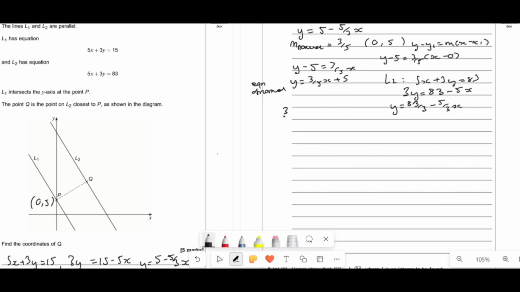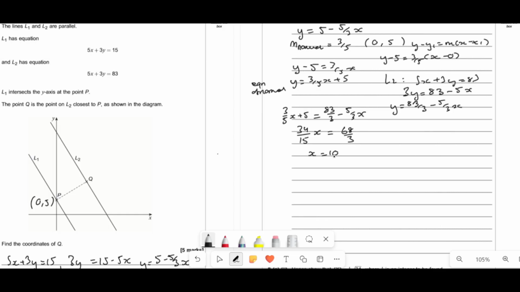So 3 over 5 x plus 5 equals 83 over 3 minus 5 over 3 x. If I now tidy this up, 3/5 plus 5 over 3 is 34 over 15 x, equals 83 over 3 minus 5, which is 68 over 3. If I then divide both sides by 34 over 15, that'll give you x equals 10.